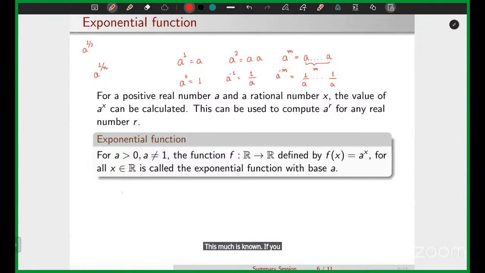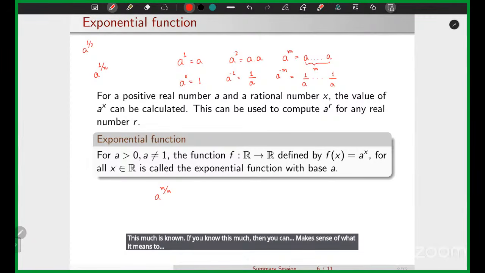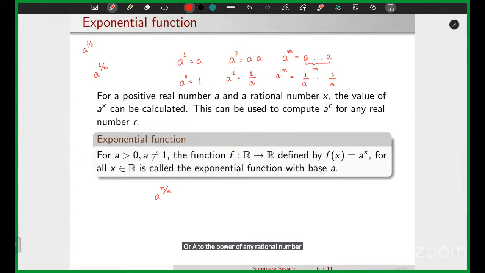If you know this much, then you can make sense of what it means to say a to the m by n, or a to the power of any rational number. You would simply do a to the 1 by n m many times, and that is how you would compute a to the m by n. Is that fine?